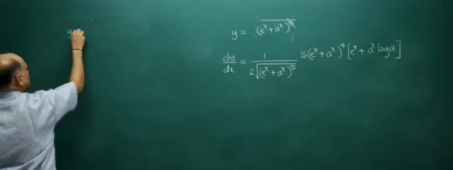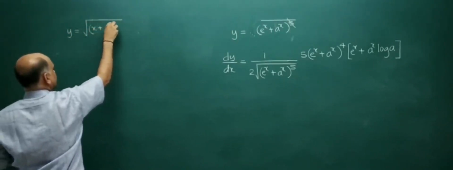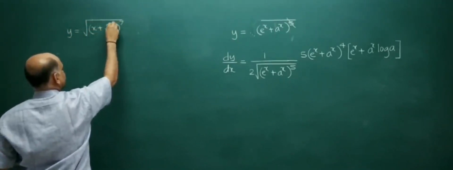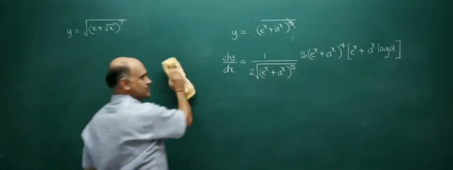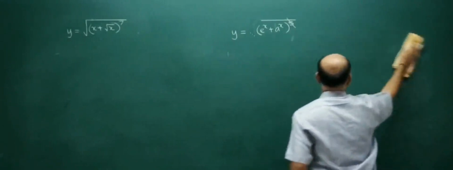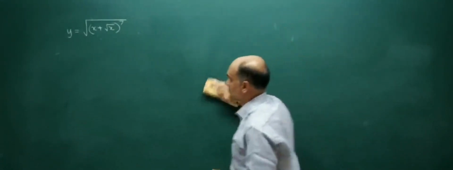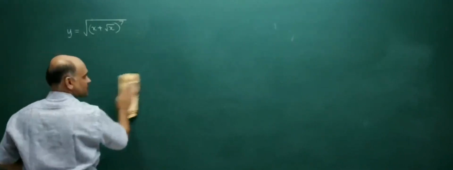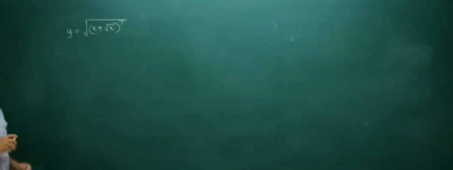y is equal to root of x plus root x bracket raised to 7. So first you differentiate root, then differentiation of power 7, then bracket.